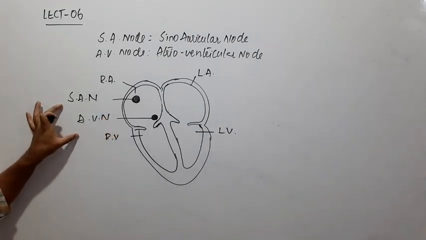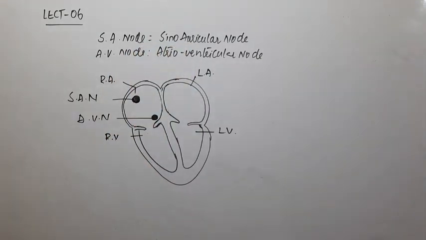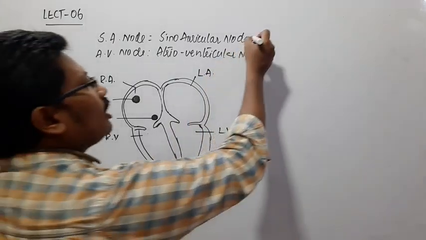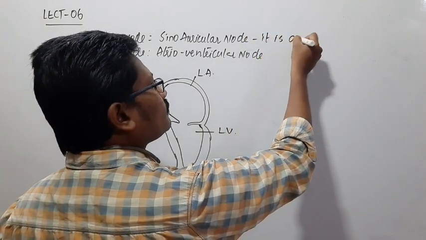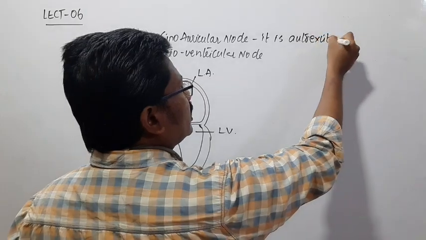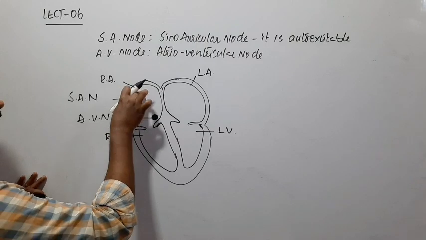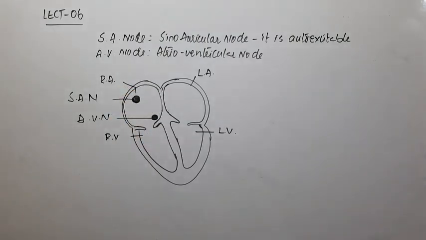So both are the nodal tissues, and this sino-auricular node is auto-excitable, means capable of getting excited by itself. So it produces impulses at regular intervals that actually help in contraction of the heart, right?